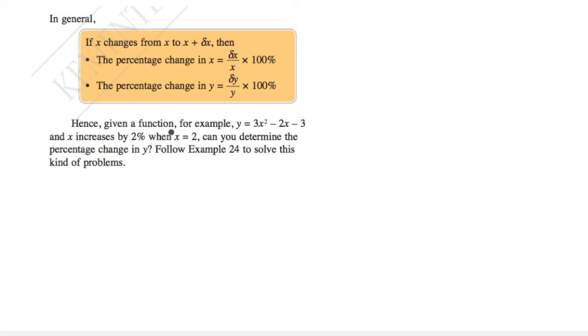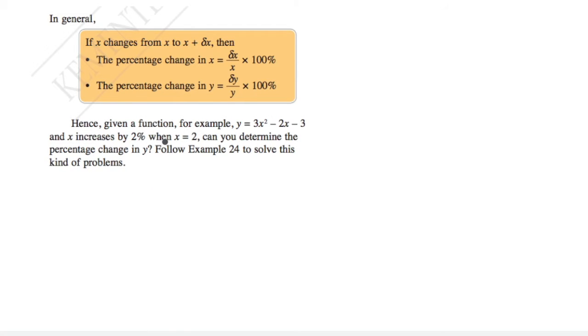Hence, given a function, for example this function, and x increases by 2%, 2% means 2 over 100, okay?